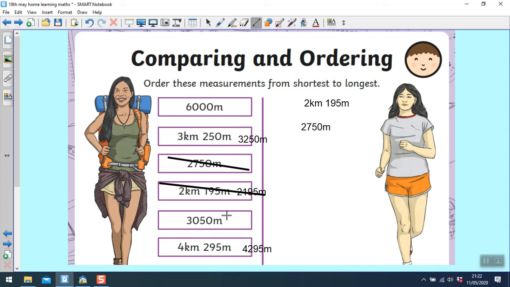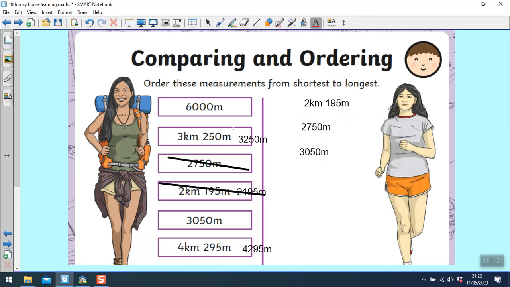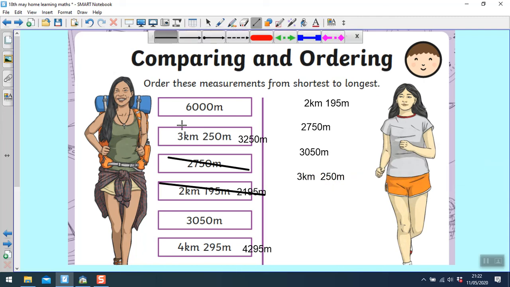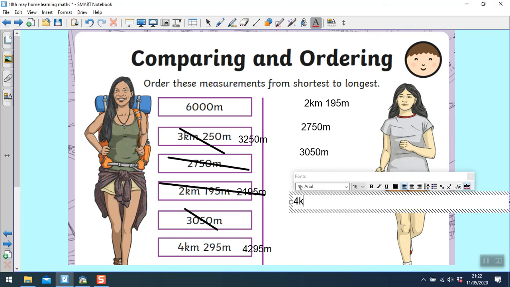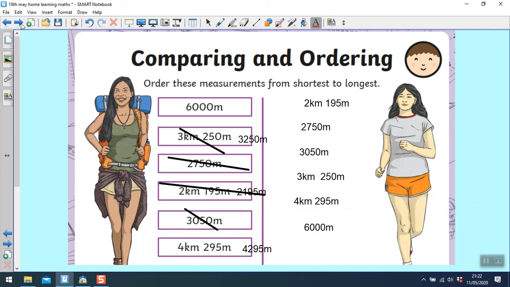I've got 3,250, 3,050. So 3,050 metres is next. And then this one, I'm going to write it in its original form, 3 kilometres 250 metres. So I've used both of those. I'm now left with 6,000 and 4 kilometres 295 metres. 4 kilometres 295 metres, and the biggest one is 6,000 metres. Well done.